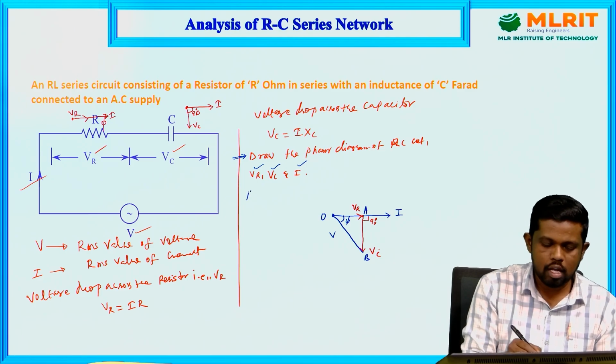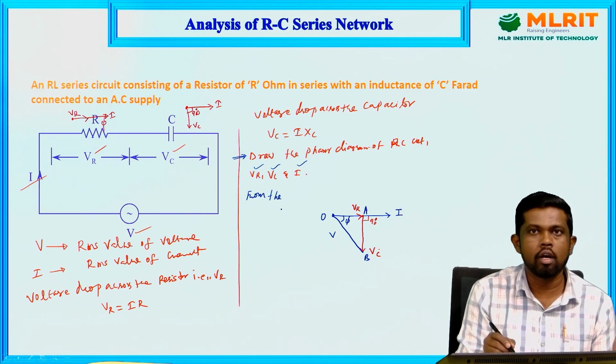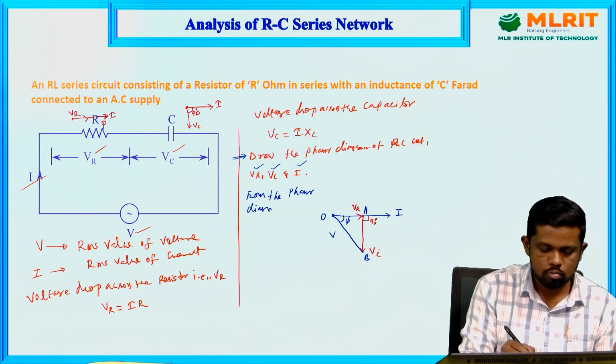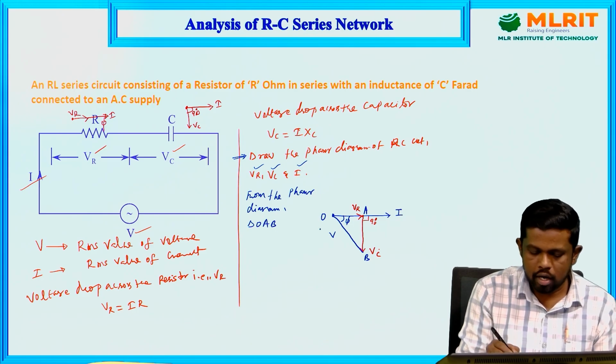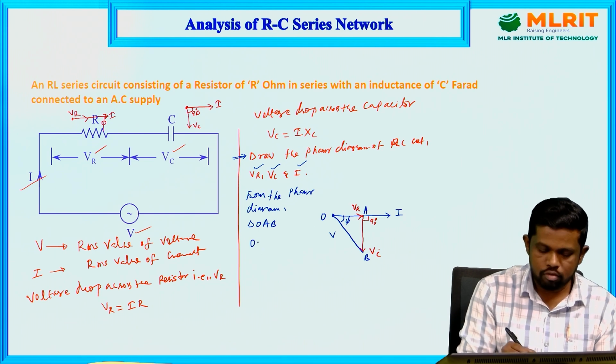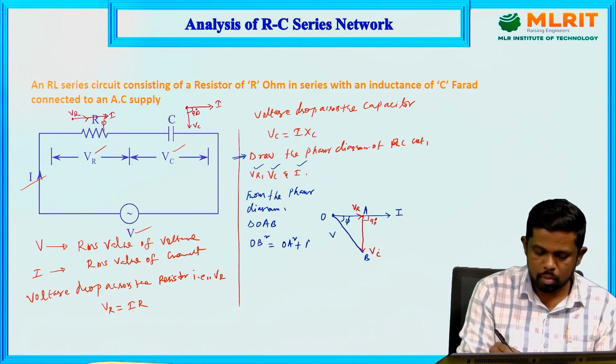From the phasor diagram, we need to analyze further to get the required current value of the circuit. According to Pythagoras, from the right angle triangle OAB, OB square equals OA square plus AB square.